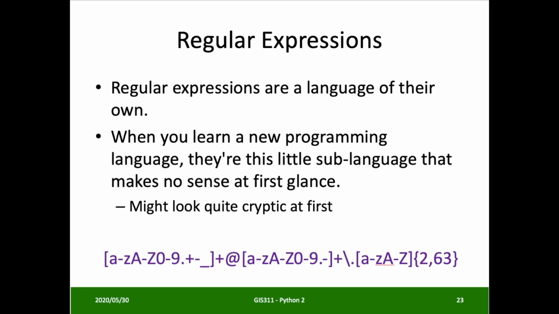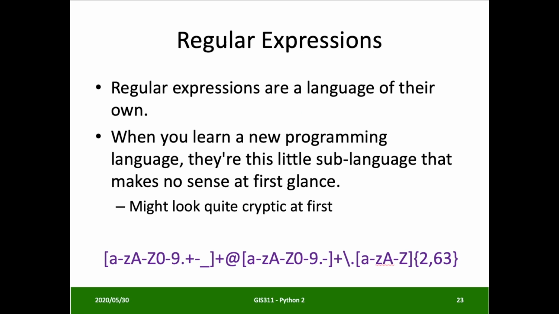Okay, so regular expressions is basically a language of its own. You can look at this here at the bottom. You can see it is normal alphanumeric characters, but when you first look at it, it is a little bit strange. So if I were to ask you, what do you think this bottom thing does? I'll give you a second to think.